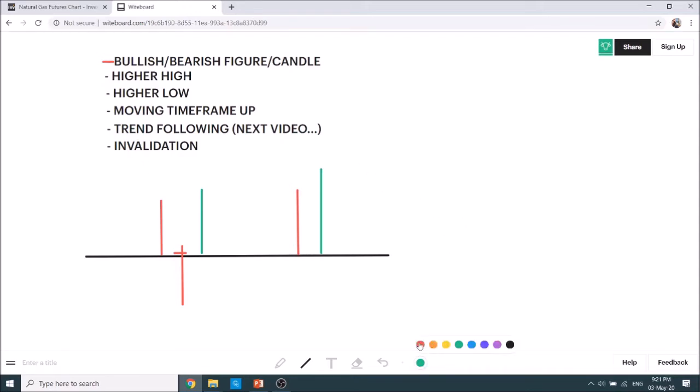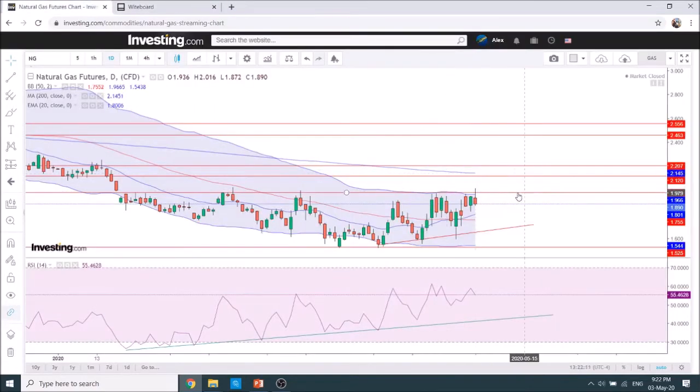Now the other one, the first criteria following divergence confirmation, once the reversal does happen, is to look for a higher high. I take the example of natural gas more recently.